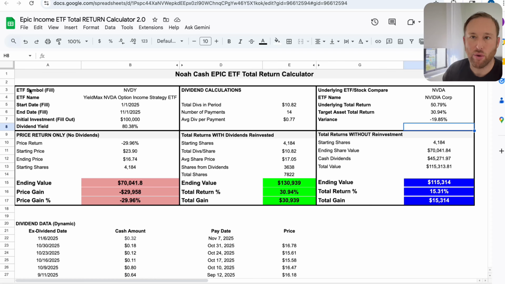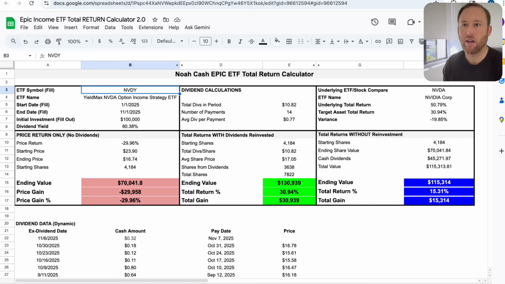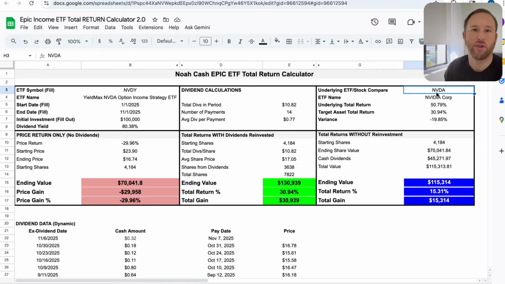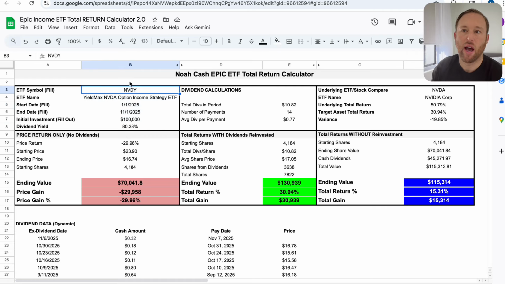All right. So if I have a covered call strategy that focuses on Nvidia, I can add in here the underlying asset, which is Nvidia, and compare the total return of the underlying asset of Nvidia to this ETF that's focusing on Nvidia, so NVDY from YieldMax, and we can compare the variance between the two.